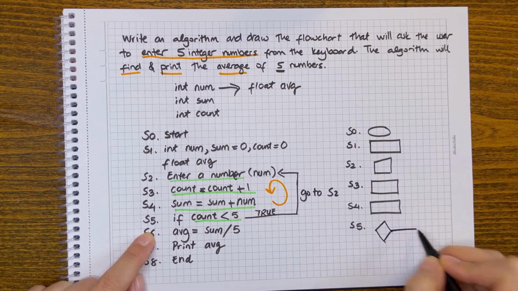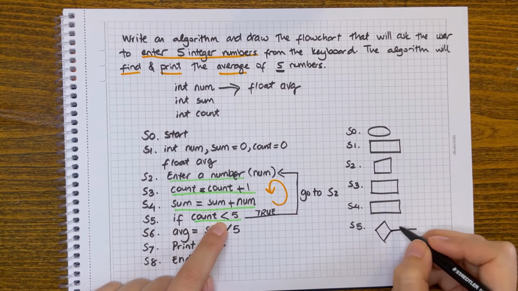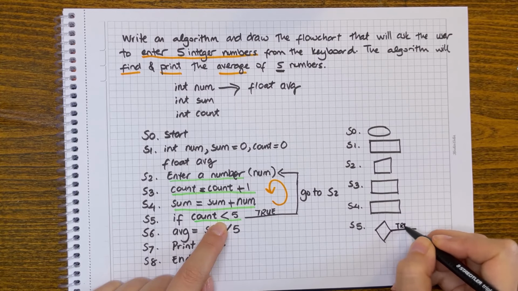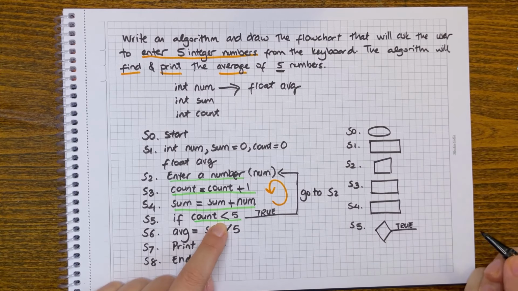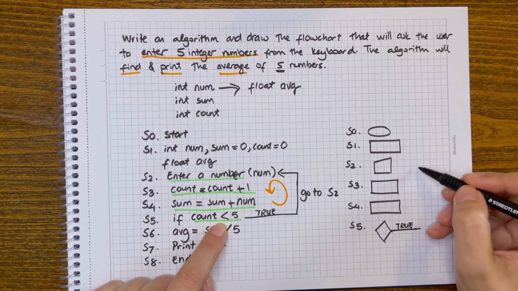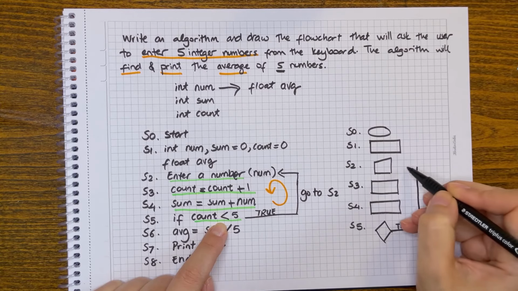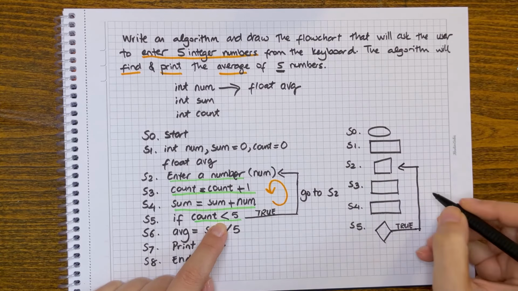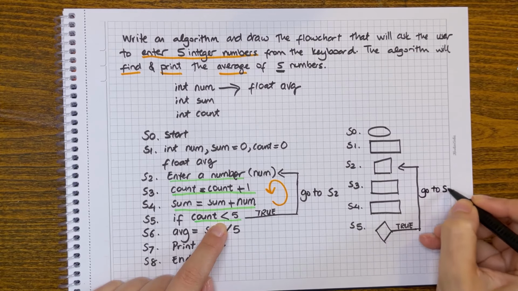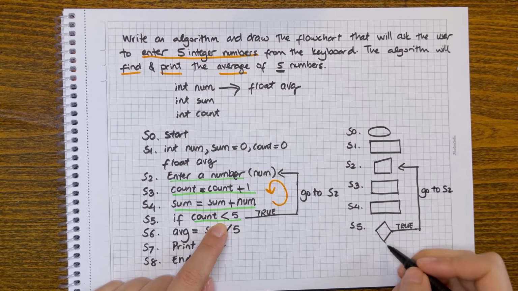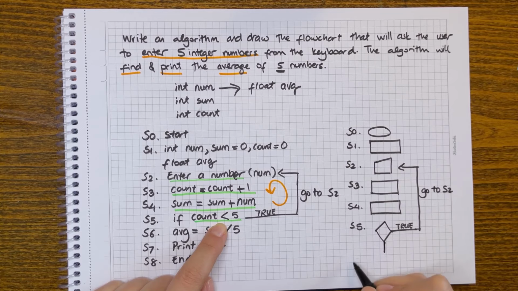So if the statement, count less than 5, is true, we need to go to step number 2. So in here, we simply put an arrow. We say go to step number 2. Otherwise, we come here, we go out of the loop, which is step number 6.